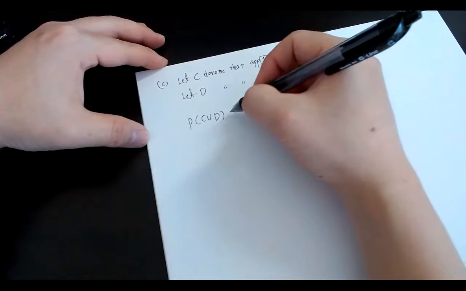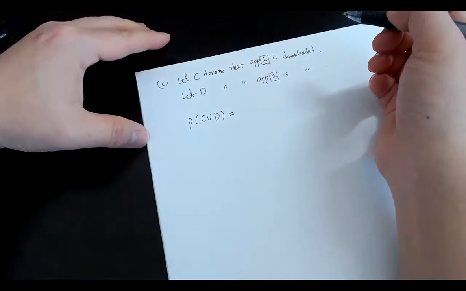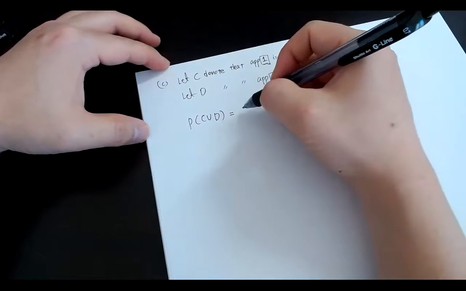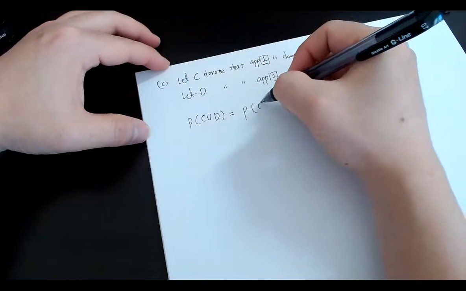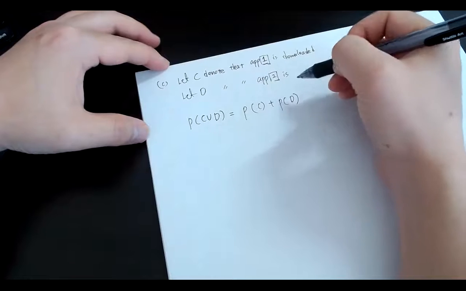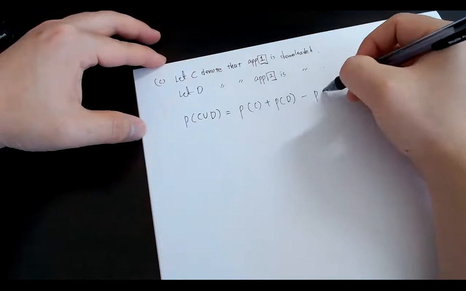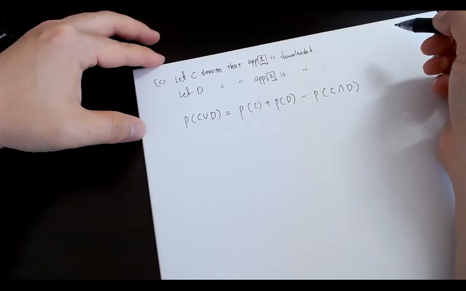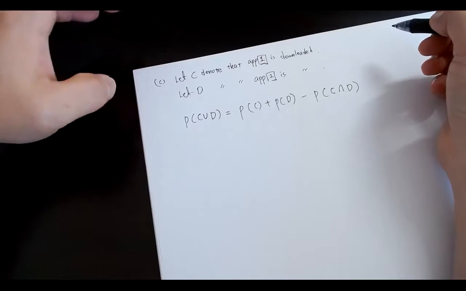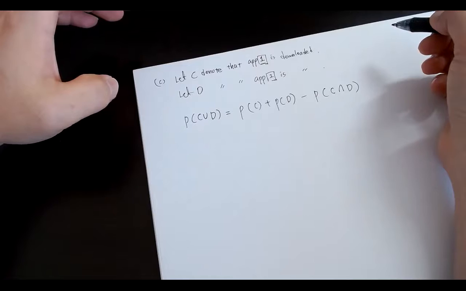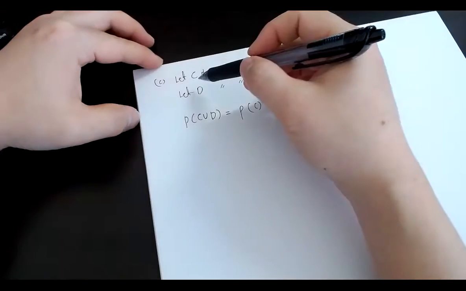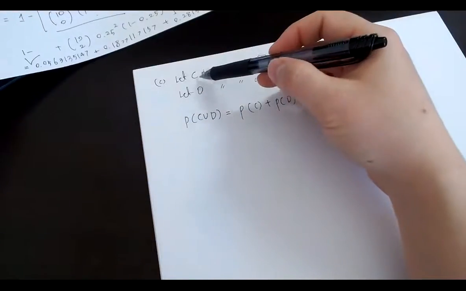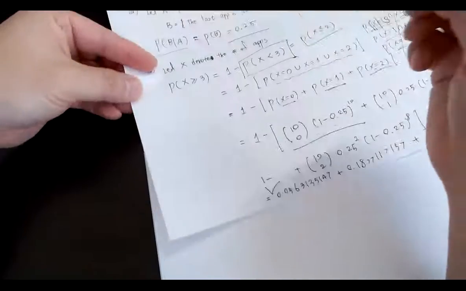Okay. So what to keep in mind is that this is going to be, by the addition rule, probability of C plus probability of D, minus probability of C intersection D. Now, C and D here, do not confuse them with the random variable x.